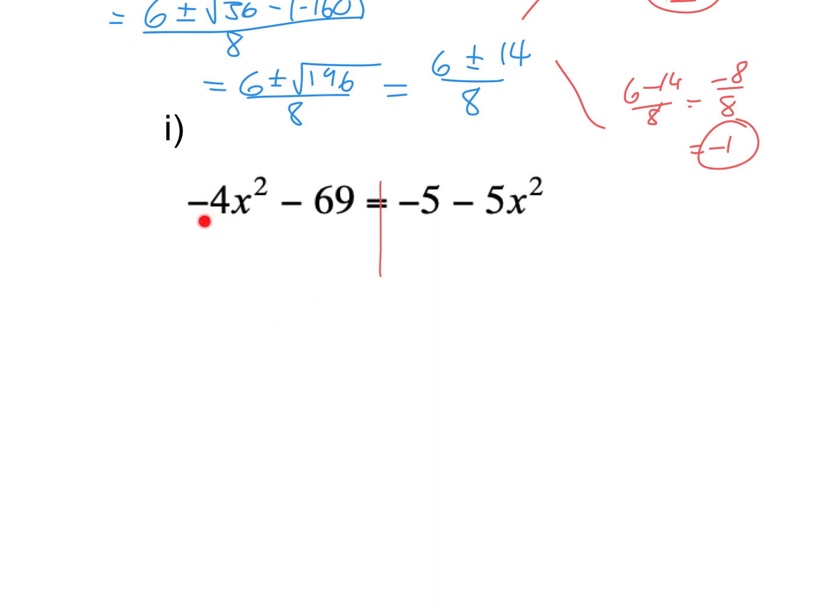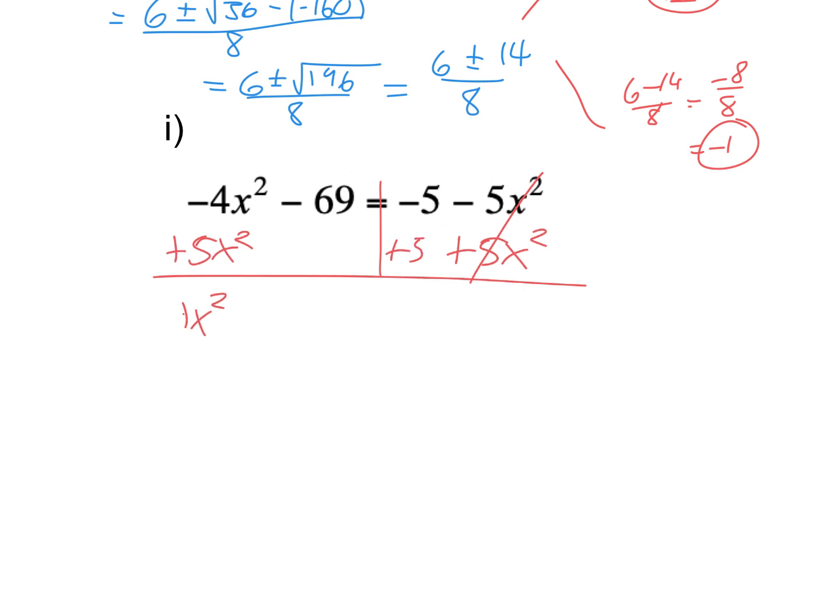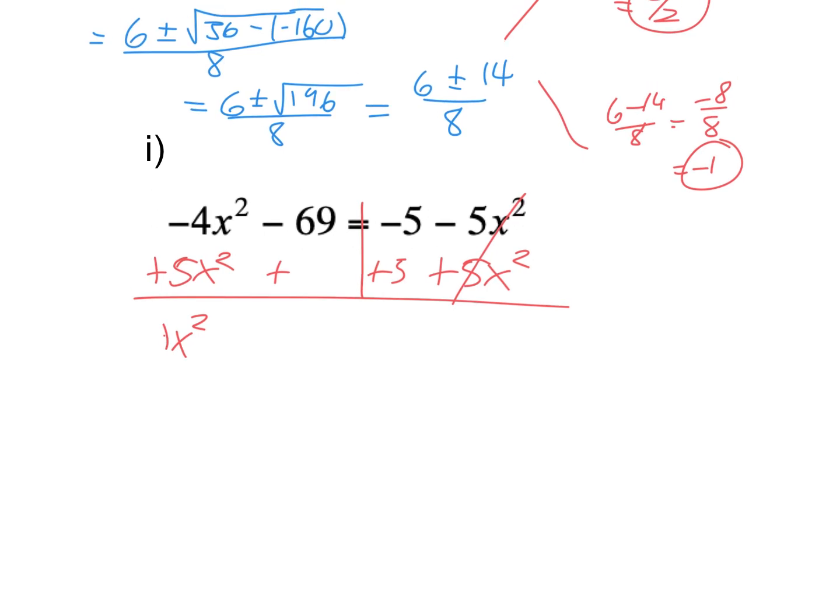So -4 and -5, since they're negative numbers, -5 is actually less than -4. So I'm going to add 5x squared to both sides, and that will get me a 1x squared. And then I'm also going to add this 5 to the other side, and then this will get me -64.